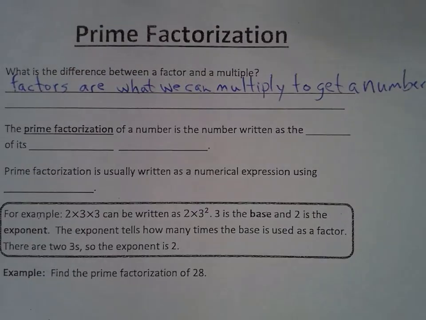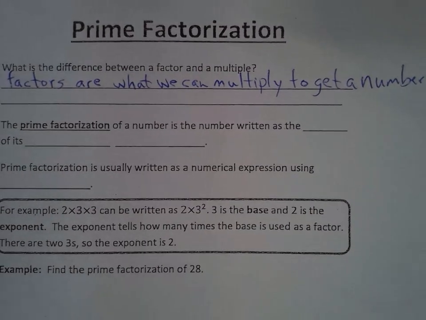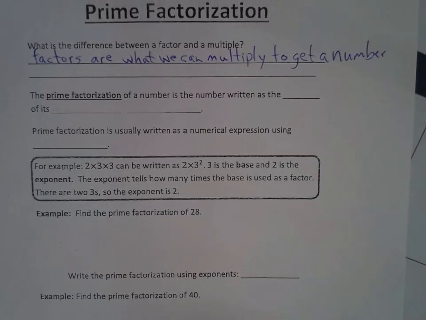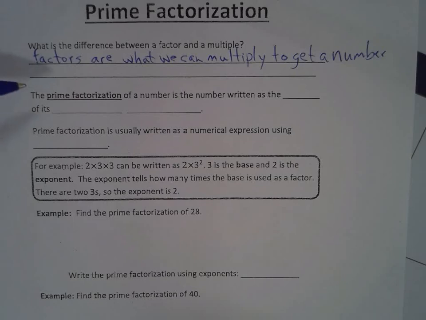Okay? So remember guys, you can pause this if you need to write for a second. So factors are what we can multiply to get a number. So for the number 8, your factors are 1, 8, 2, 4. Those are factors, okay? And you're using a T-chart to figure out what those factors are.